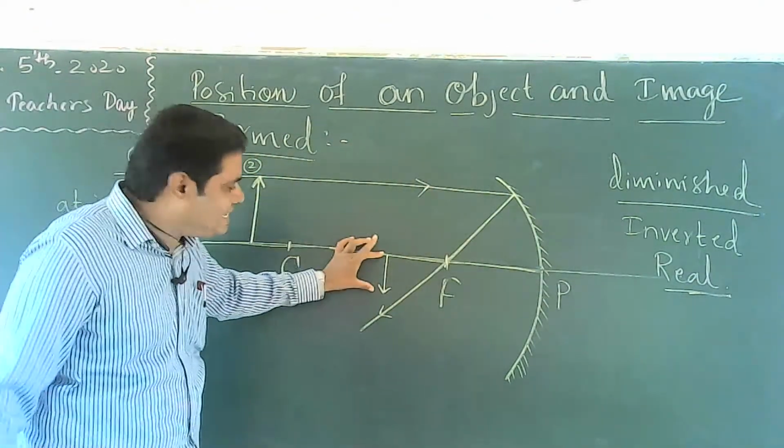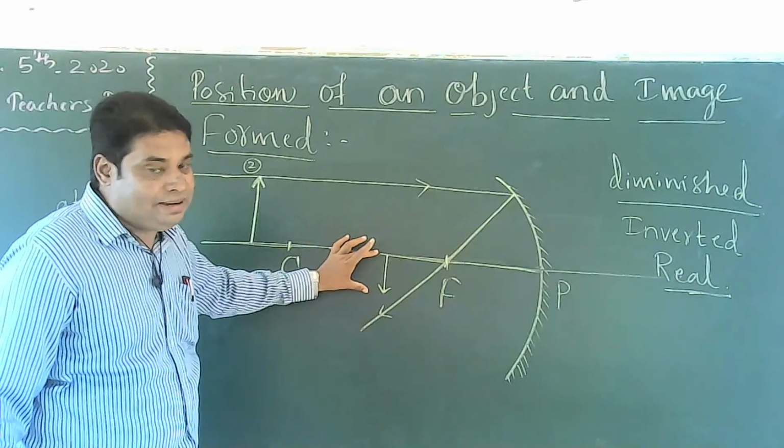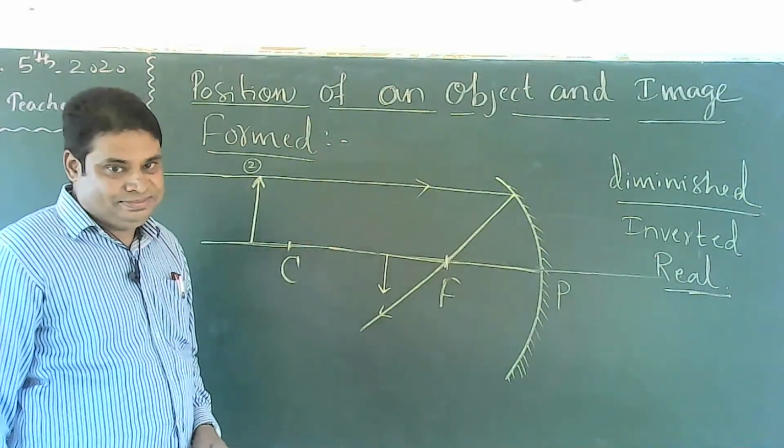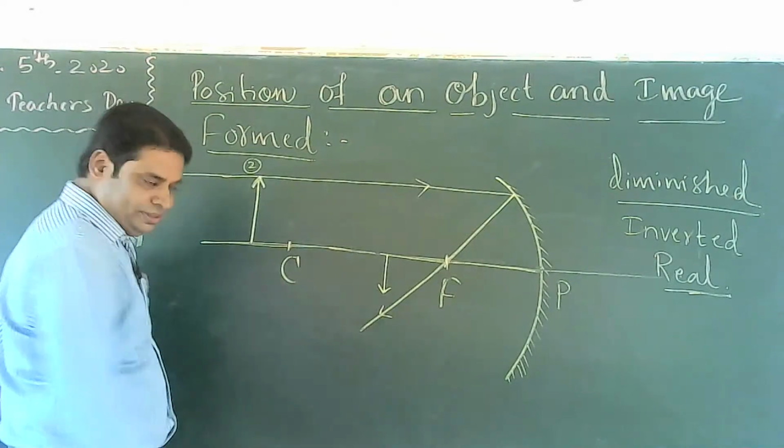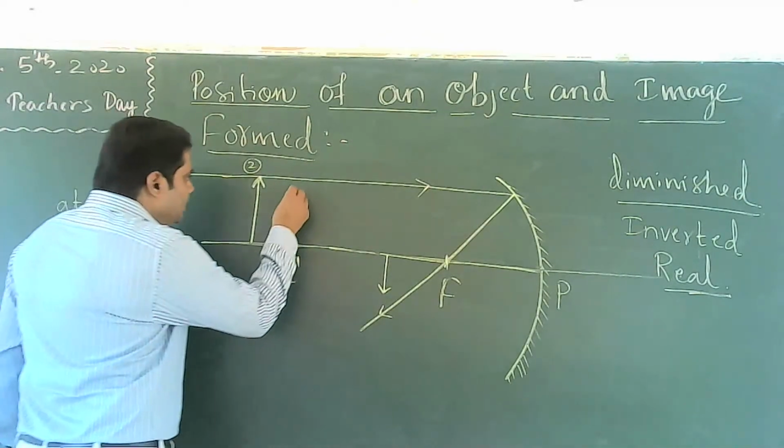Here the actual size is less than the object size. This is the second position. Hope you understand.